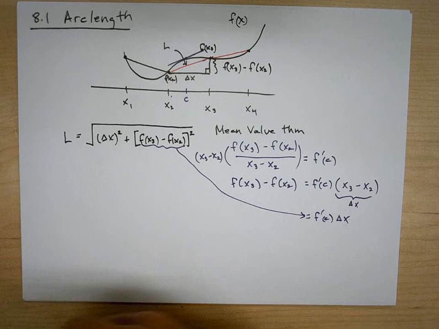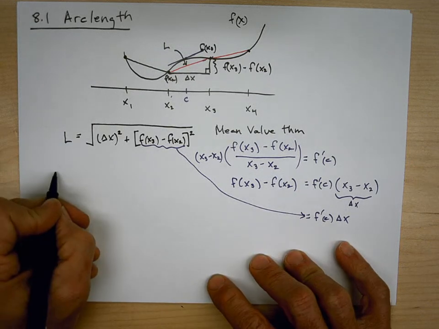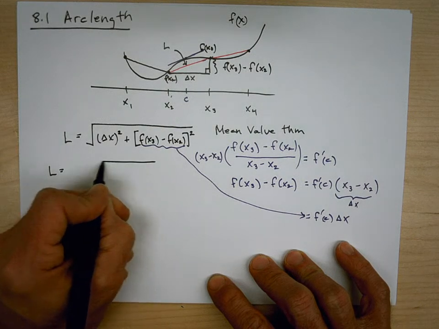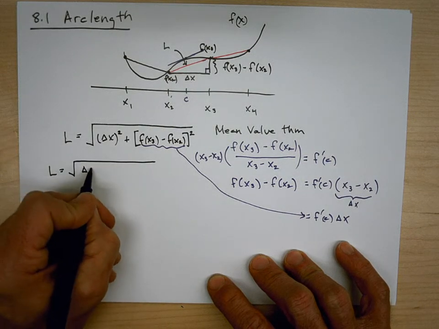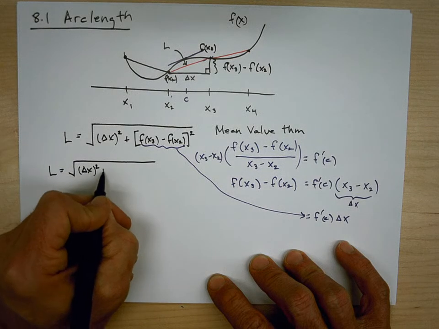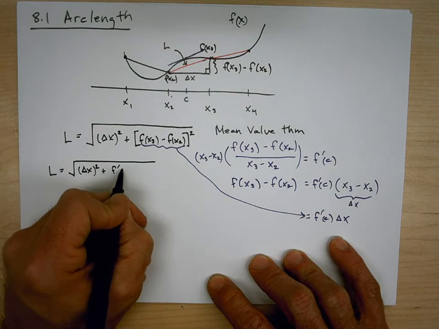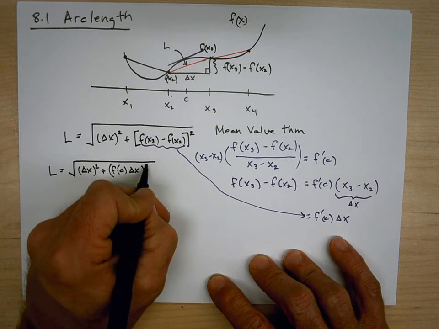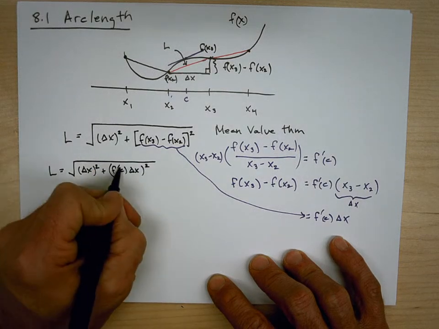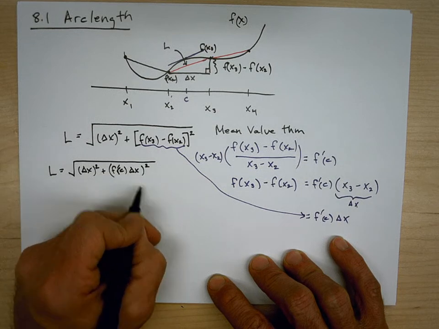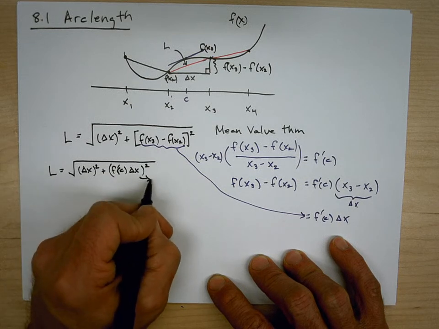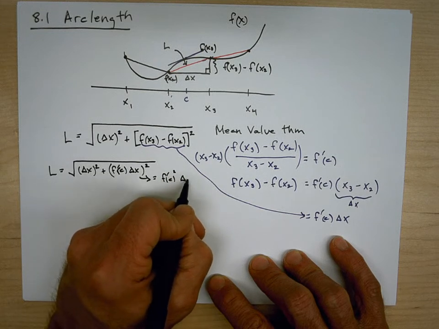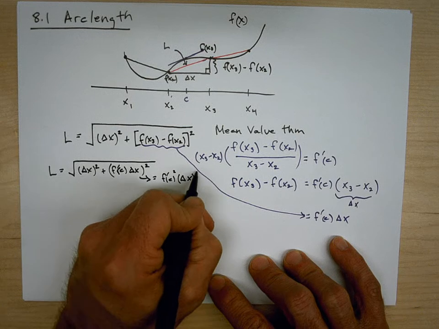So, continuing our derivation, we have that L equals the square root of delta x squared plus f prime of c delta x, and this whole thing was squared, so this is squared. Now, of course, if I square a product, this is equal to f prime of c squared delta x squared.